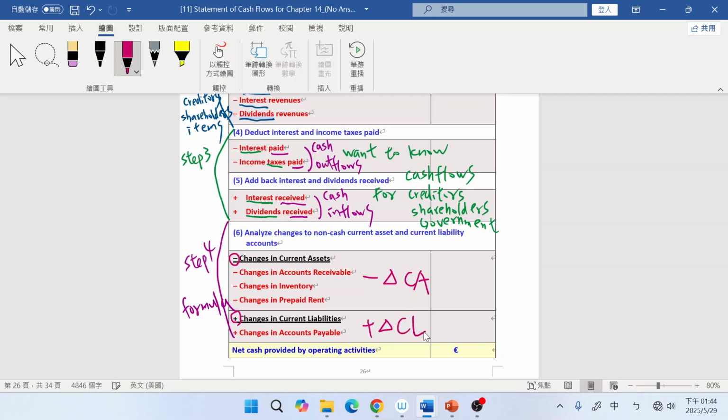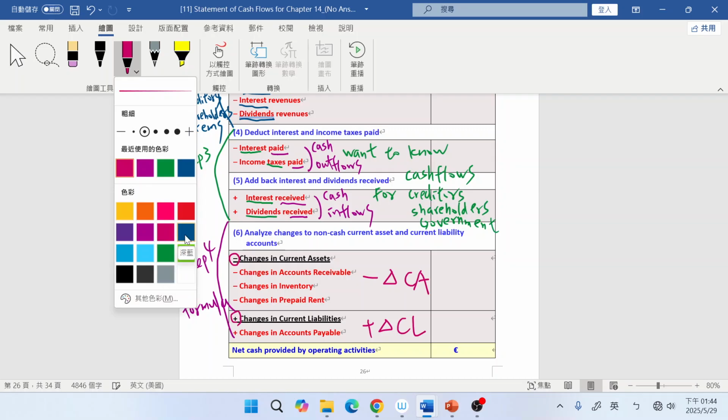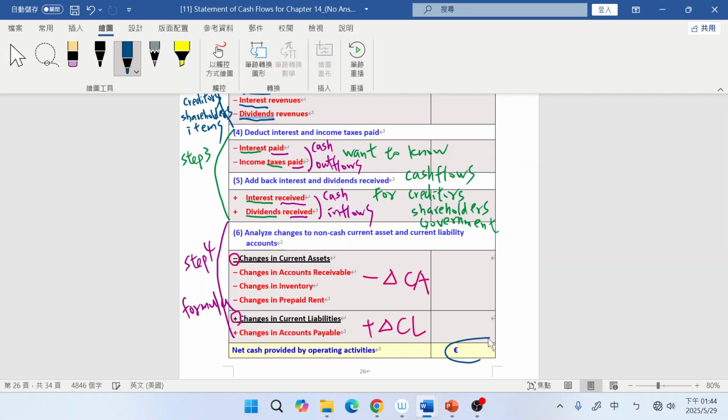Okay, so that's it. So from step 1, 2, 3, 4, finally you can get the result we want. So what's the result we want? We want to know the cash flows from operating activities. Okay?